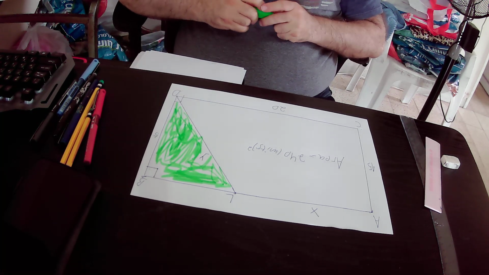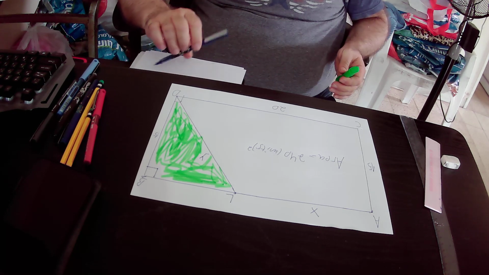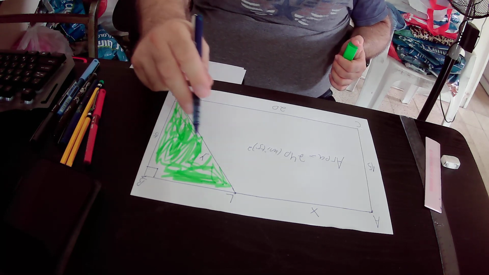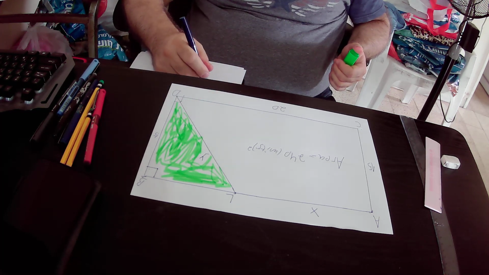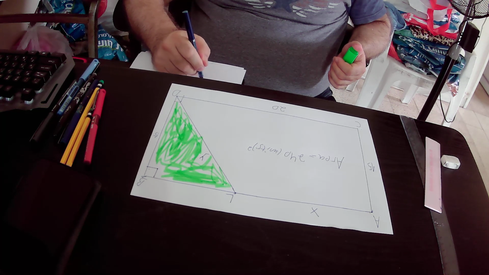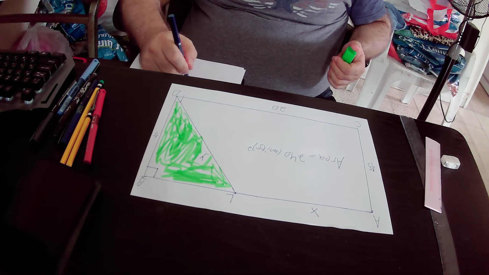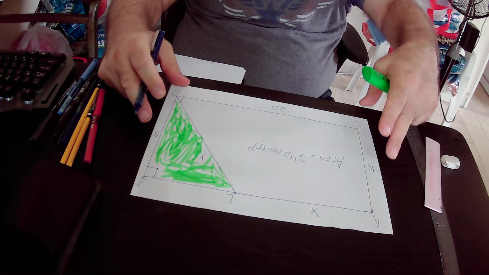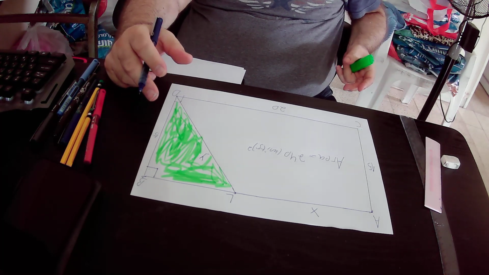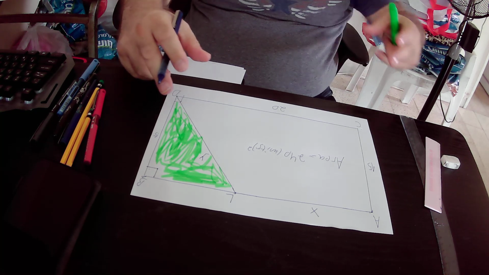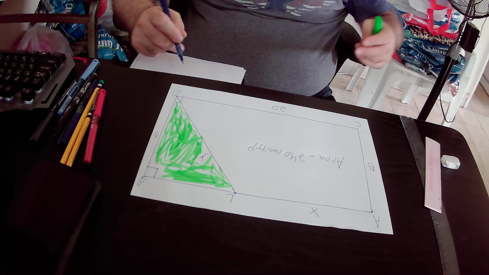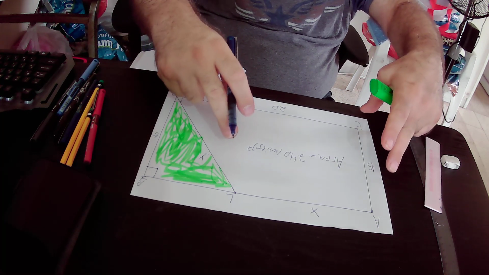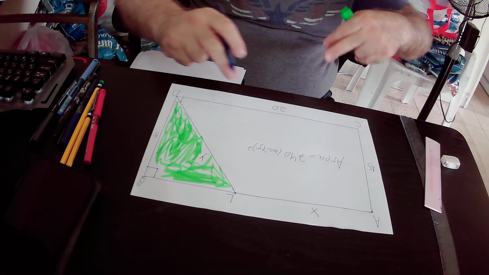Okay, so we can write down that the area of the right green triangle LBD will be equal to the area of the rectangle ABCD, which equals 300 units squared, minus the area of the white shape, which equals 240 units squared.